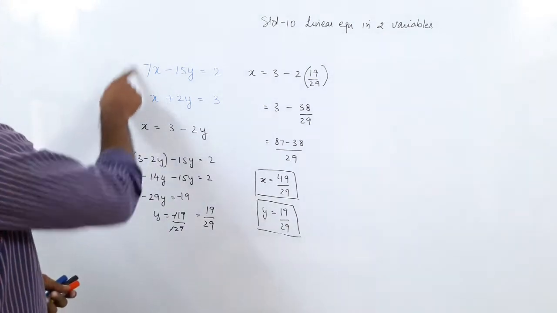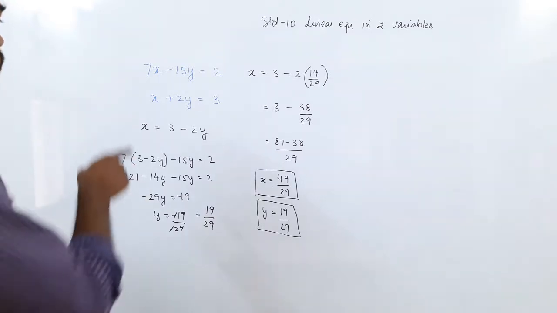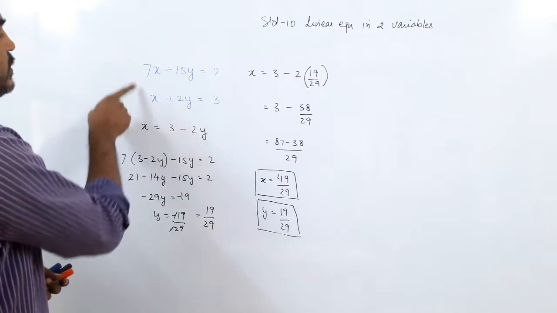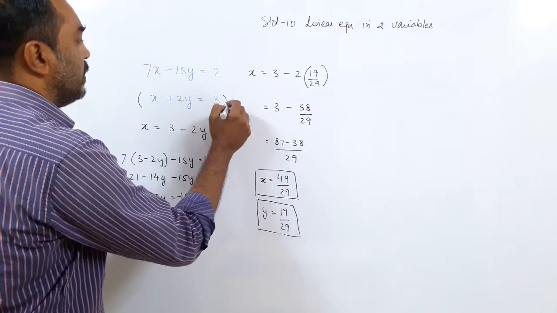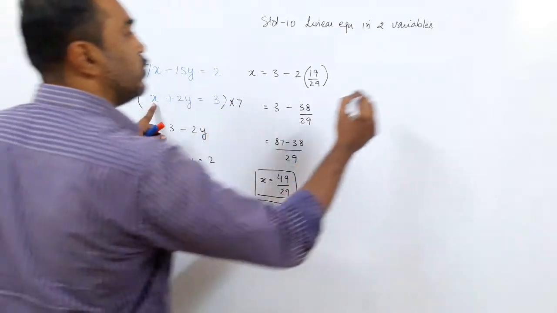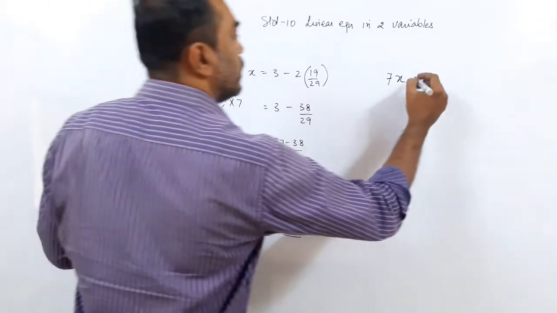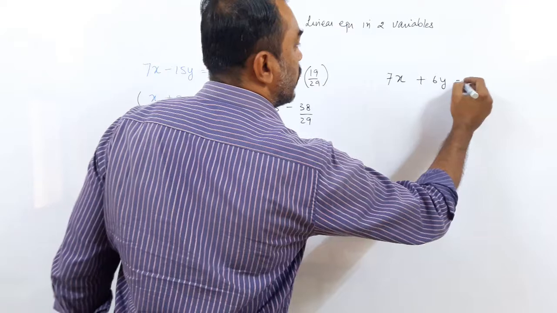Now we'll do the same sum by which method? The elimination method. So we'll eliminate x again. Here the LCM is 7. So I'll multiply this equation by 7. So 7 into x, 7x, 7 into plus 2y, plus 14y, 7 3s are 21.